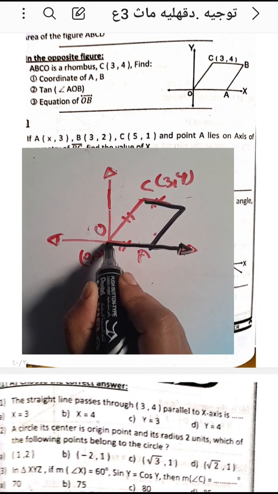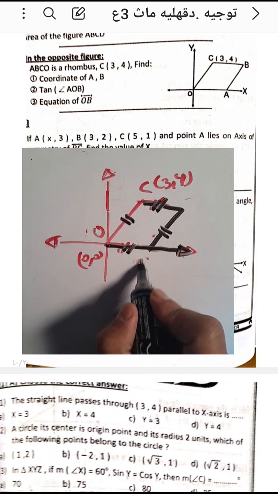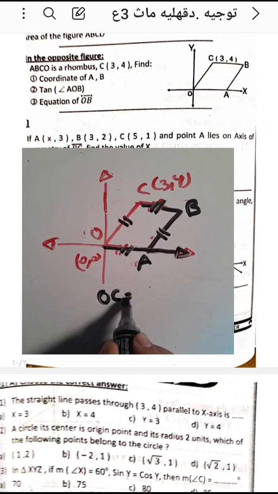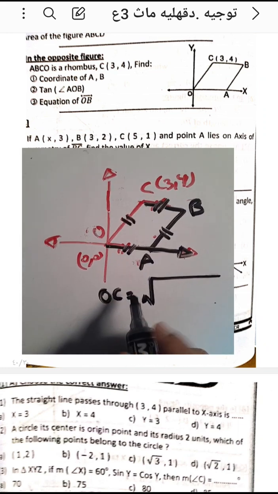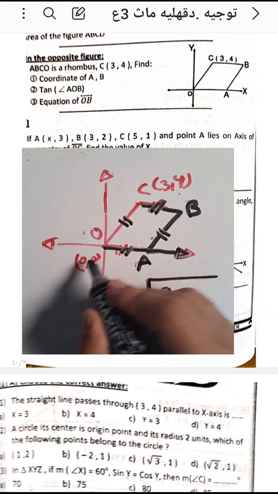Look with me, this part equals this part equals this part. We can find the side length OC: the square root of 3 minus 0 to the power 2, which is 9, plus 4 minus 0 to the power 2, which is 16.